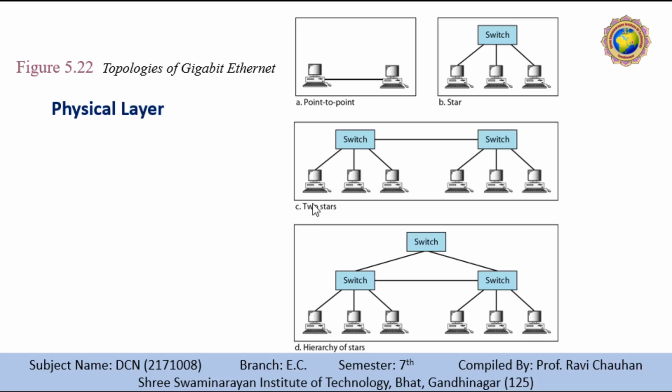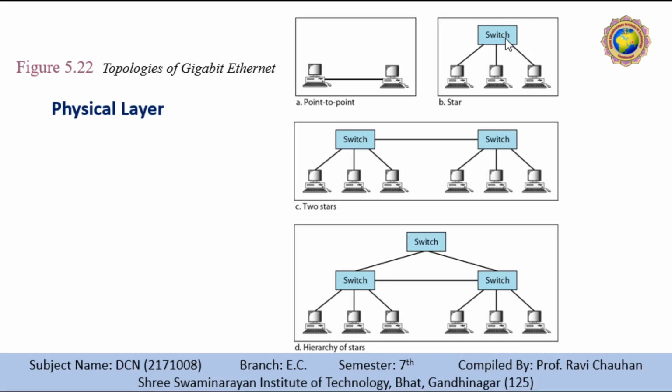If there are only two stations, they can be connected point to point, as you can see in this first figure. Three or more stations need to be connected in a star topology with a hub or a switch at the center. You can see the switch over here.